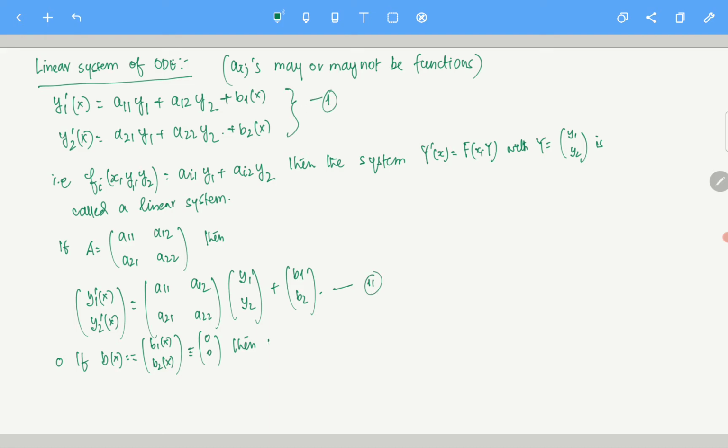Then 2 is a homogeneous linear system. You guys already know that. Now if b of x is not the zero vector, clear, then as you know, it is a non-homogeneous system.